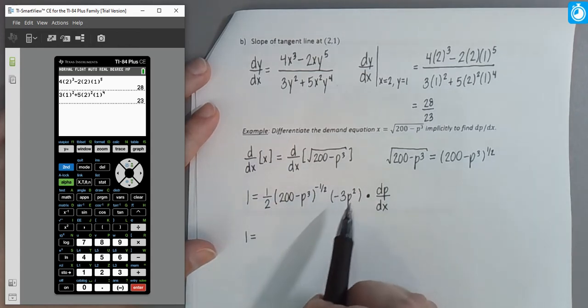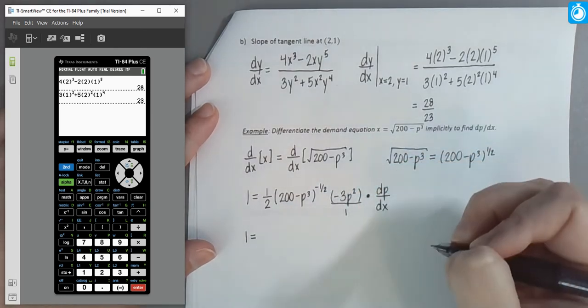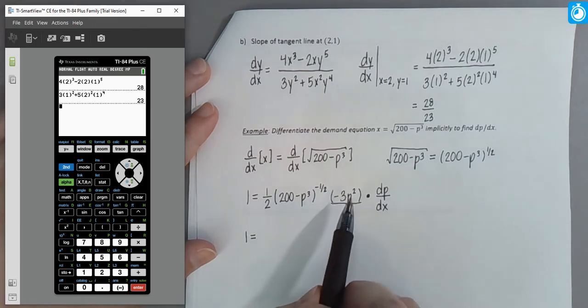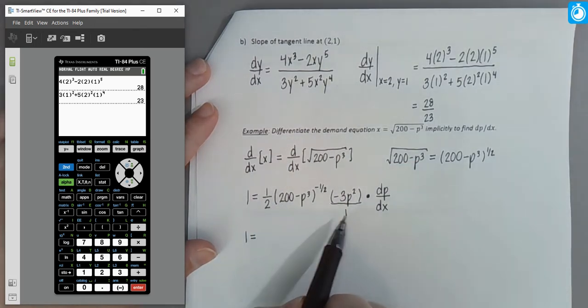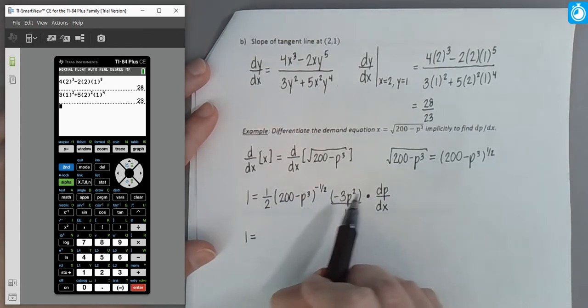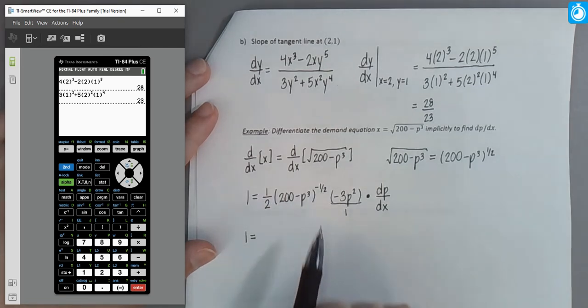Now what about the negative 3p squared? Well, if it helps, think of that being over 1. So that means the negative 3p squared stays with the numerator because the resulting 1 would be associated with the denominator. So this goes to the numerator, this goes to the denominator, and this turns into a square root.